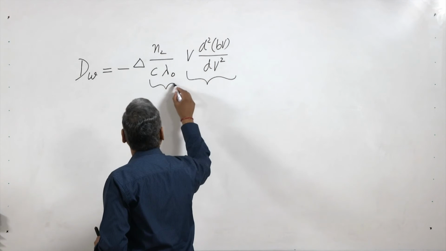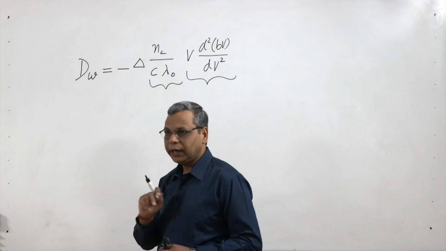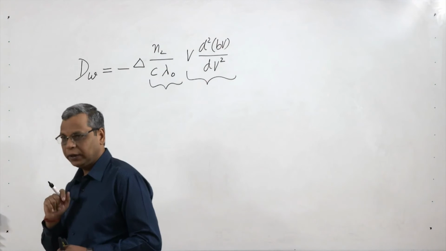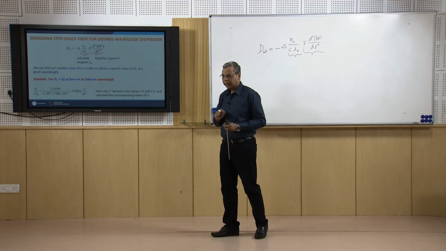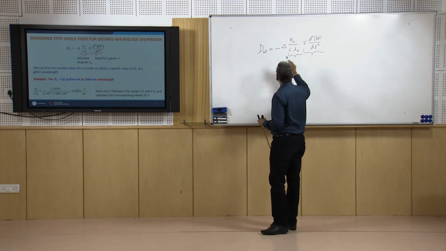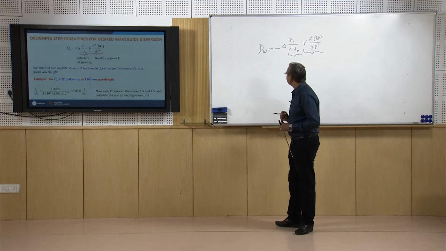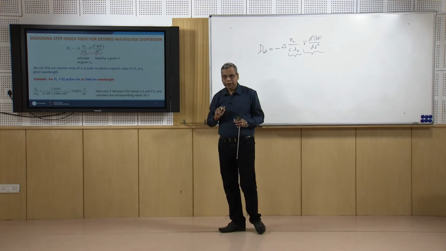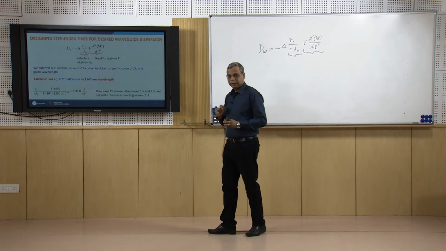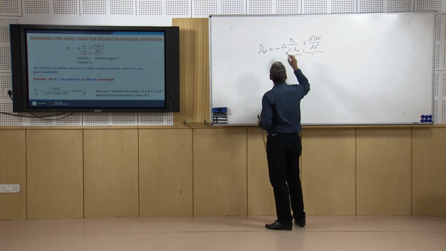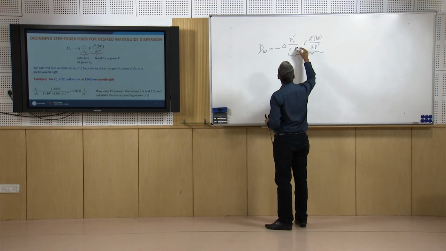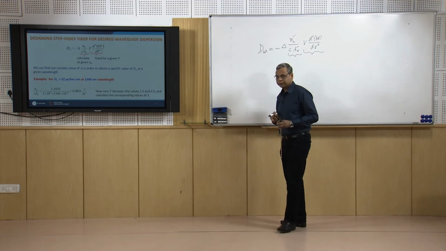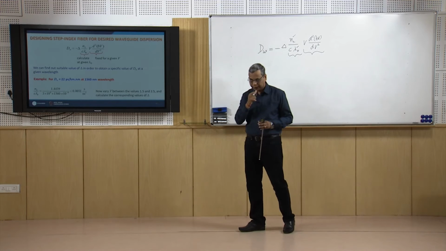If I want to obtain a certain value of waveguide dispersion at a given value of lambda naught, and I always use silica glass fiber, then at a given wavelength this N2 and lambda naught are now fixed. N2 is fixed at a given lambda naught.